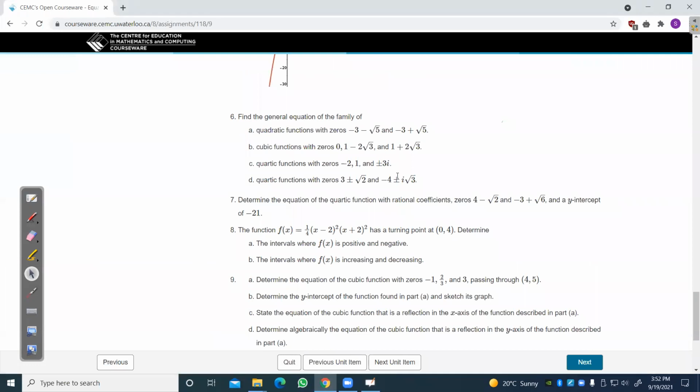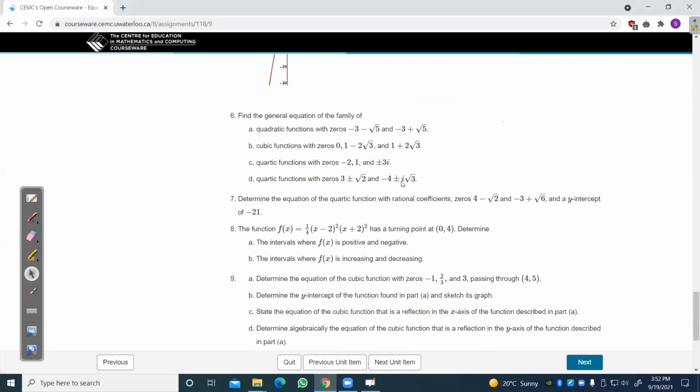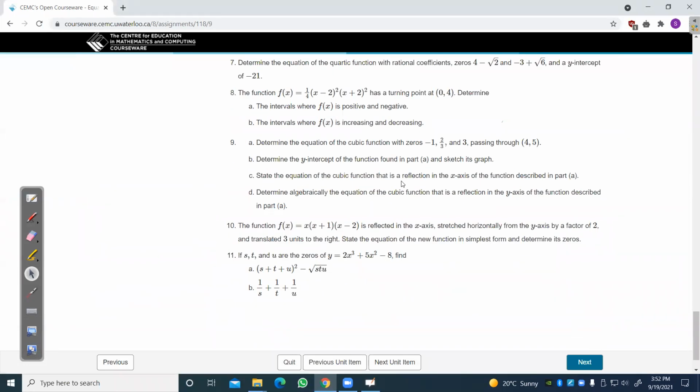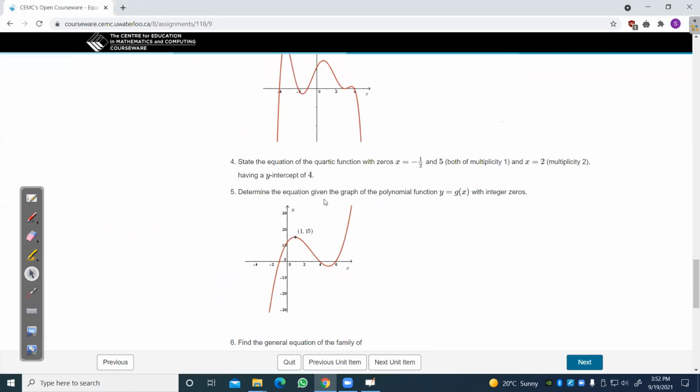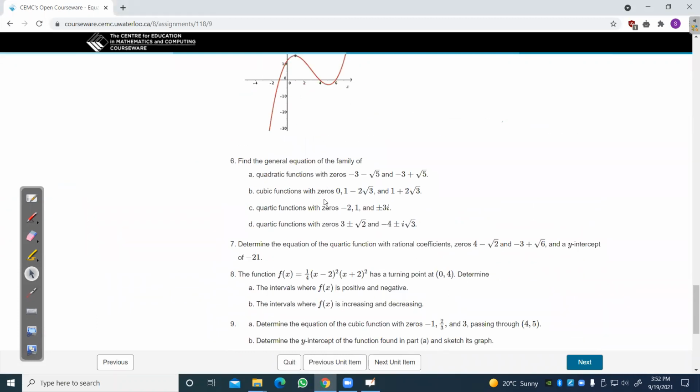It showed up here. We haven't learned it, but I don't think it's one of my homework questions. 6C and D. Oh no, it's not? But we can do them. Well, yeah, let's do them.